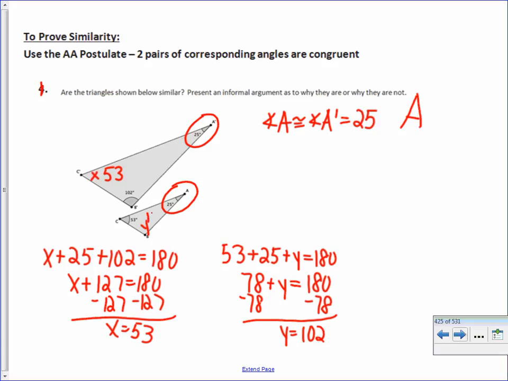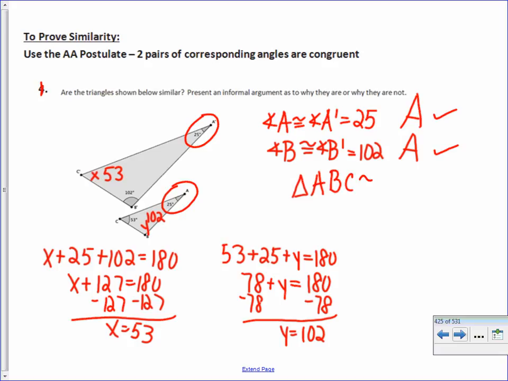So now I have all of my angle measures. Thankfully now I can say that, woohoo, angle B is congruent to angle B prime, which is equal to 102 degrees. I don't have to state C because with the angle-angle similarity theorem, I just need two angles, which bingo I have. So I can say triangle ABC is similar to triangle A prime, B prime, C prime.